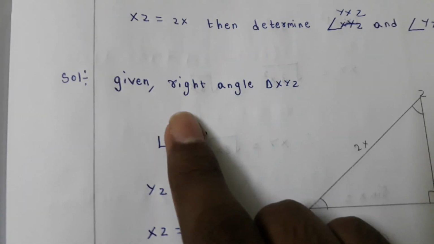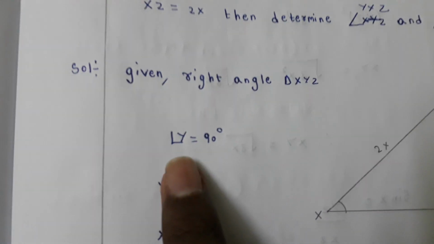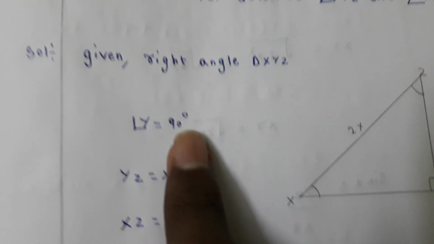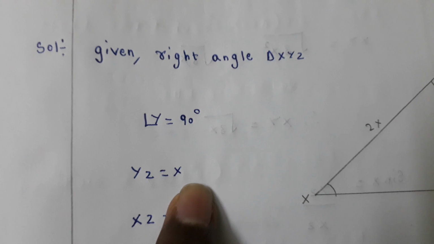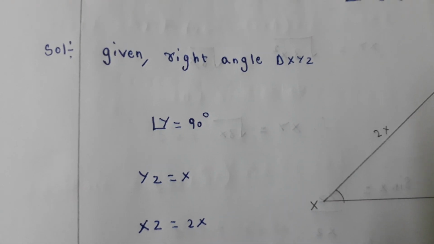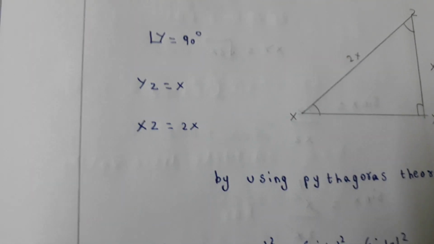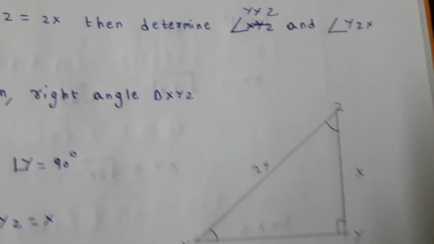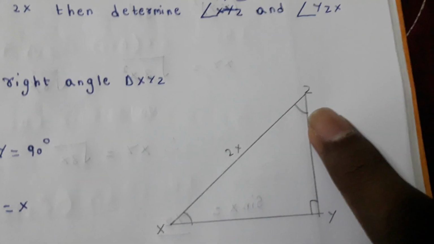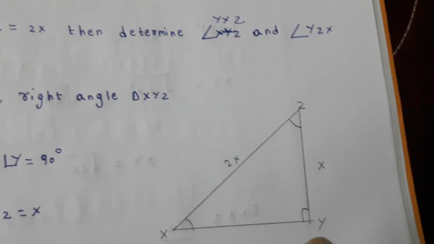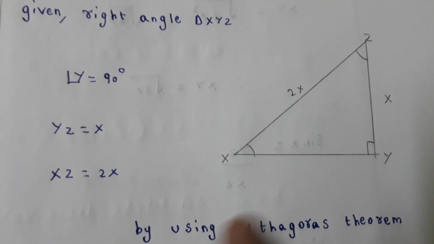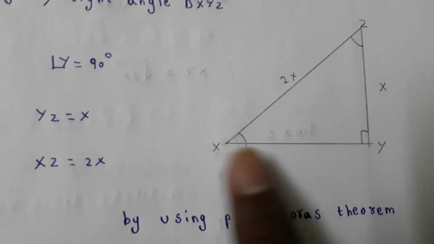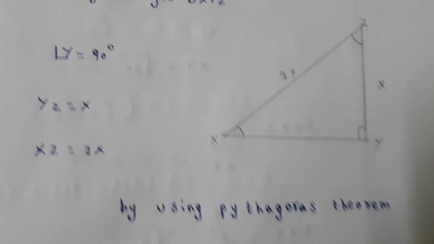So let us start our problem. Given a right angle triangle XYZ, where angle Y is equal to 90 degrees, YZ is equal to x and XZ is equal to 2x. Now if you observe here, XZ is given and YZ is also given, but XY is not given. So let us find XY by using Pythagoras theorem.